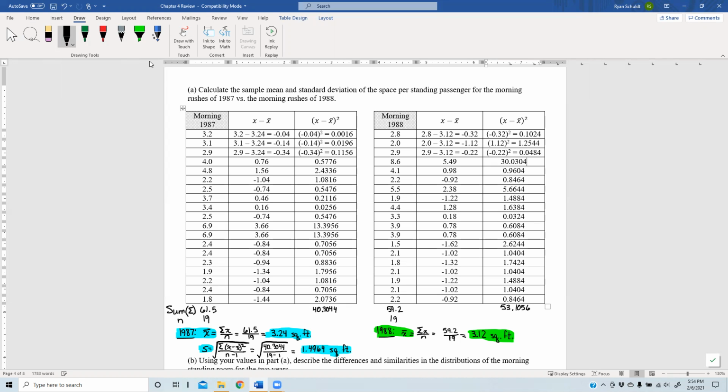Okay, so now it's time for our formula. So standard deviation is the square root of the sum of x minus x bar squared divided by n minus 1. So we take the square root. We're going to get that sum is 53.1056. Again, we have 19 observations, so 19 minus 1.